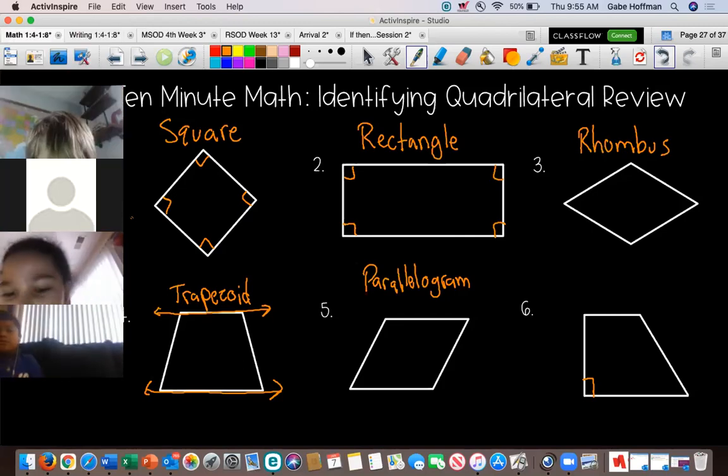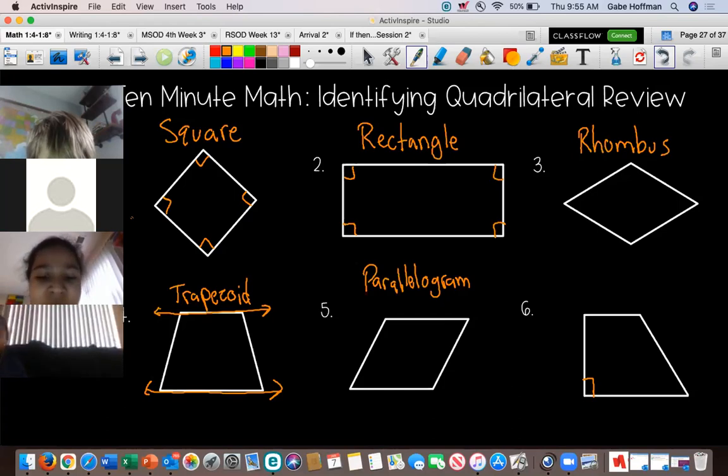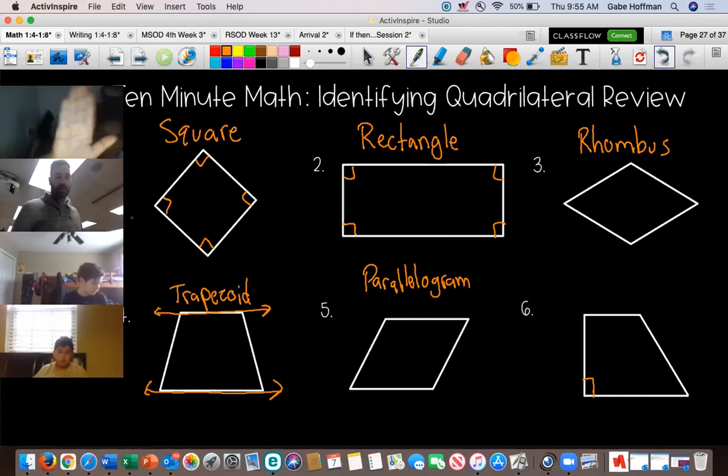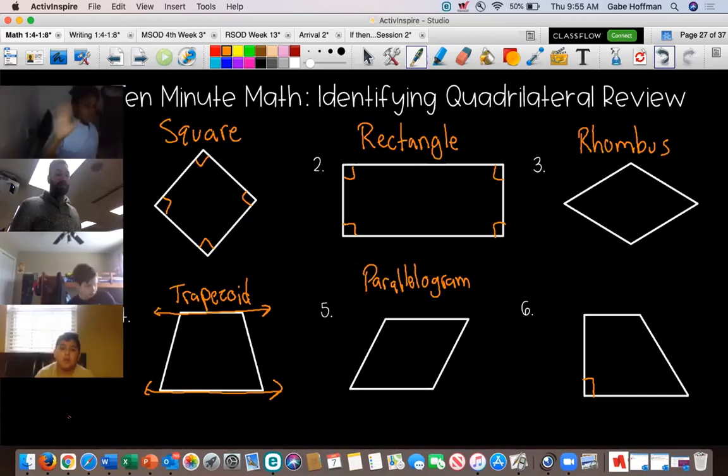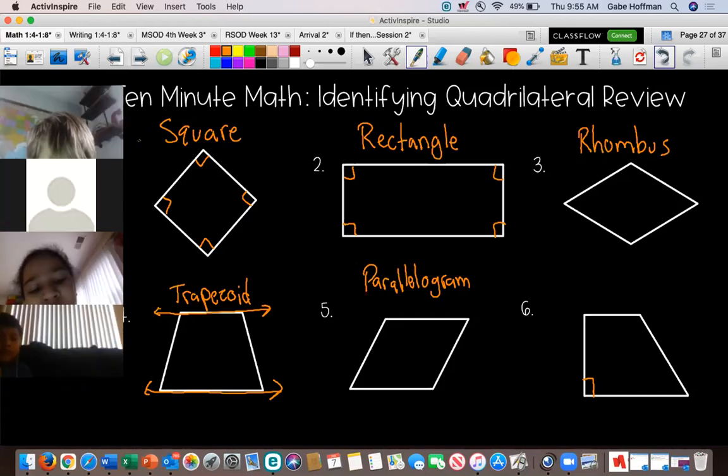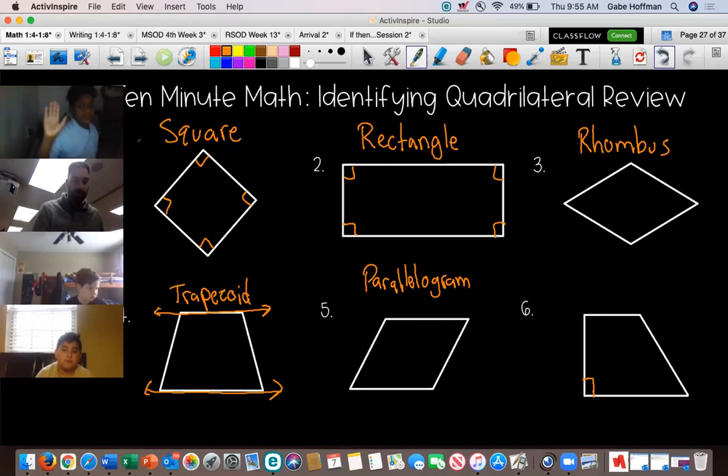It's similar to number 4, except it has something that number 4 doesn't have. Do you recognize what it is? It's a trapezoid, but it's a specific type of trapezoid. You know what kind of trapezoid that is with the right angle?